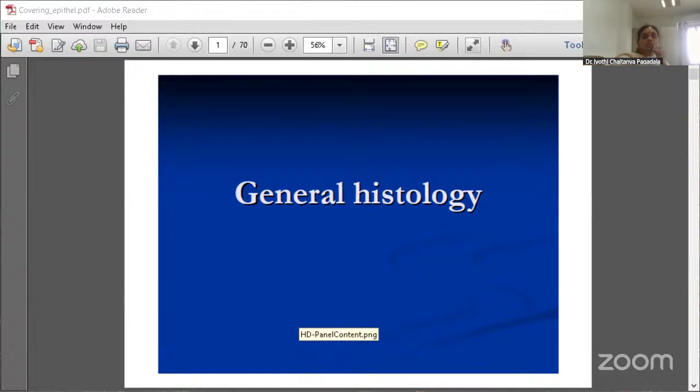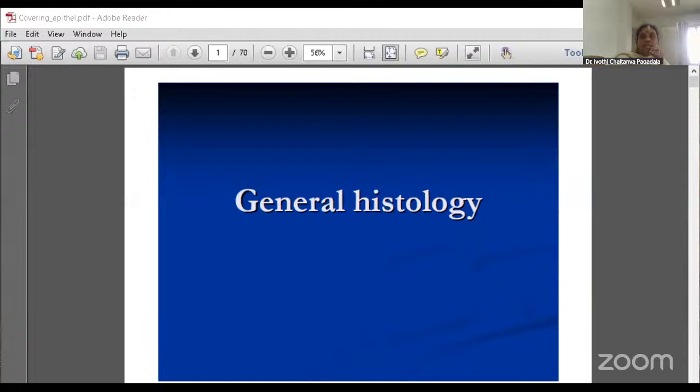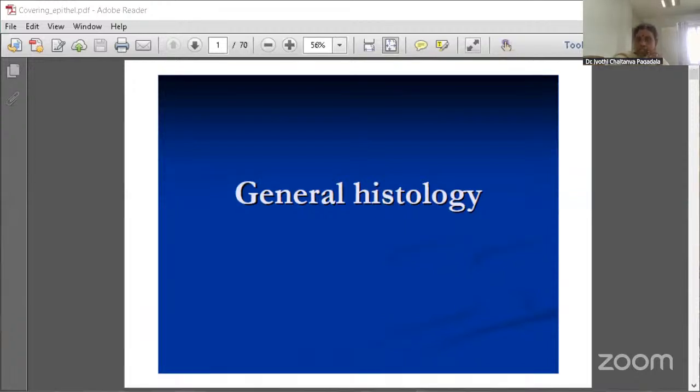This method is known as explant culture. The cells that are cultured directly from the subject are known as primary cells.